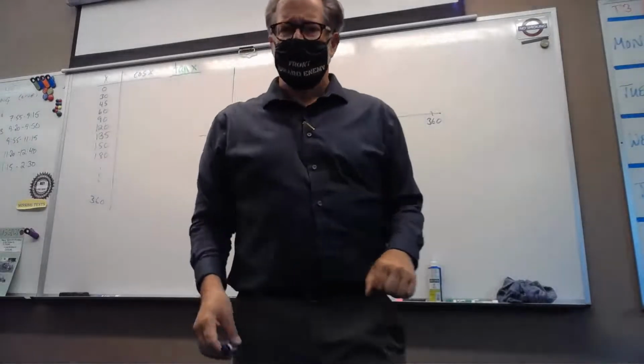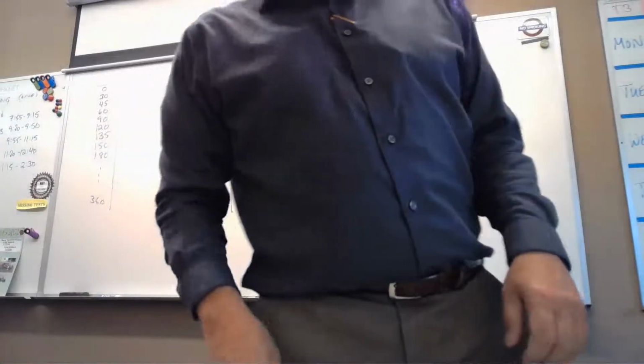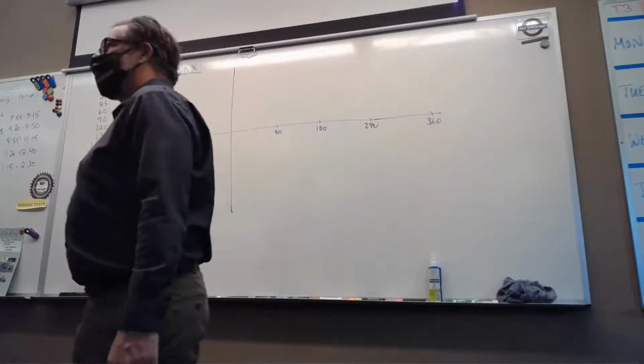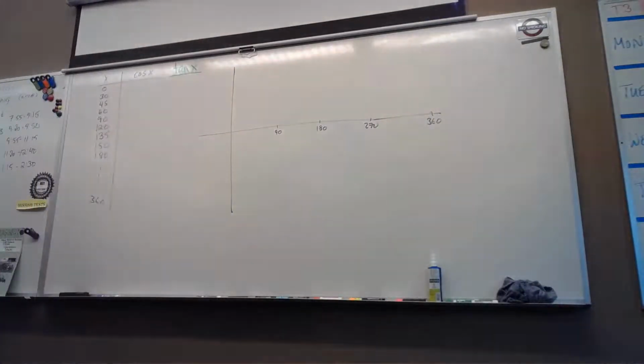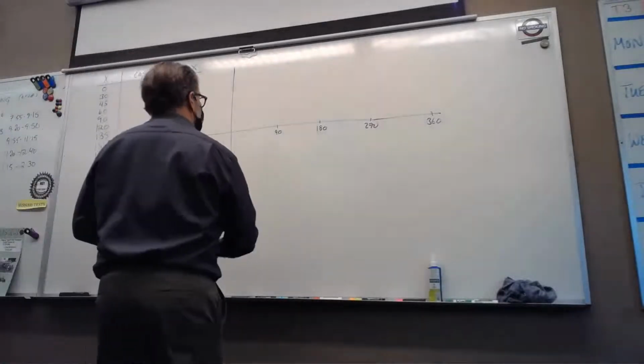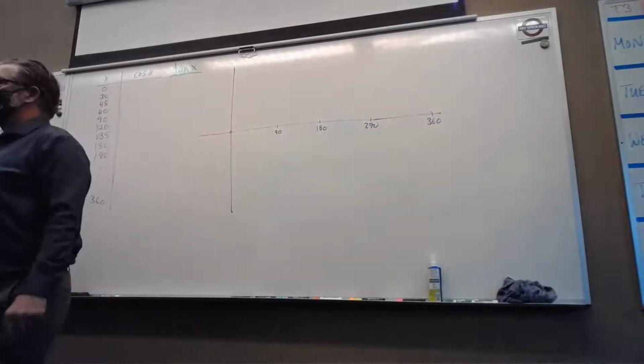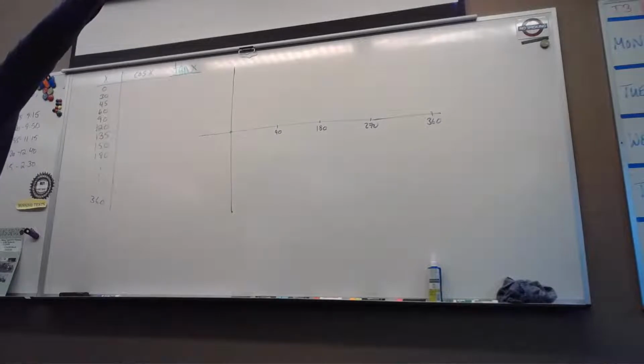All right, guys, I want everyone looking up front. Let's do a little bit of thinking very quickly about tangent. What's the slope of this line? 0. Agreed? What's the slope of this line? 45 degrees, right?